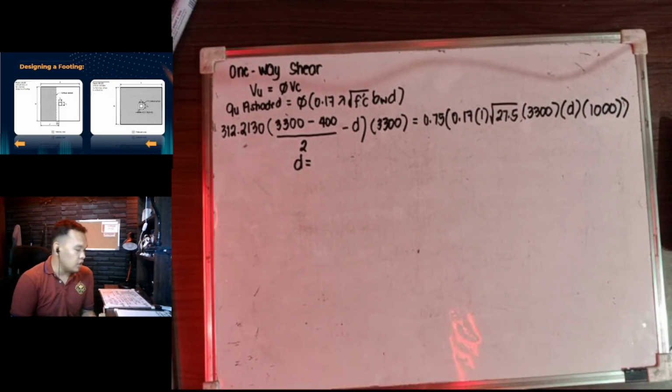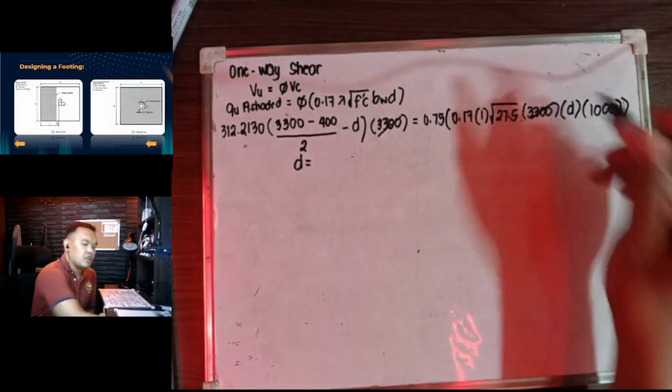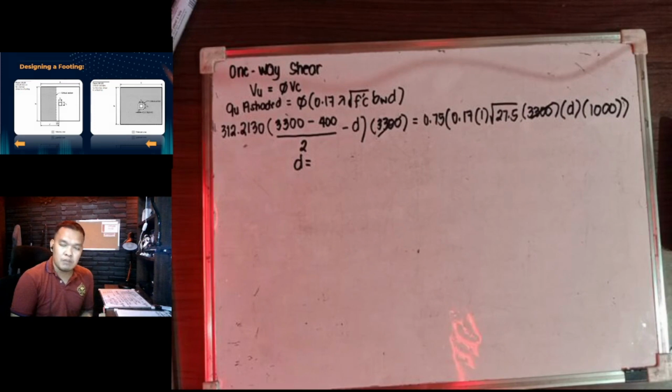So, we could have 312.213 multiplied by 3,300 minus 400 all over 2 minus the depth. So, kakancel ko na yung 3,300 dito para hindi na siya mahaba kapag nilagay sa calculator.